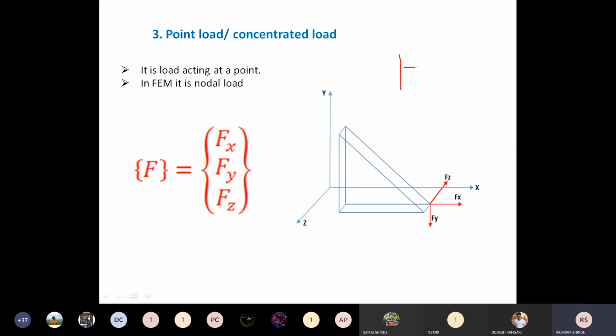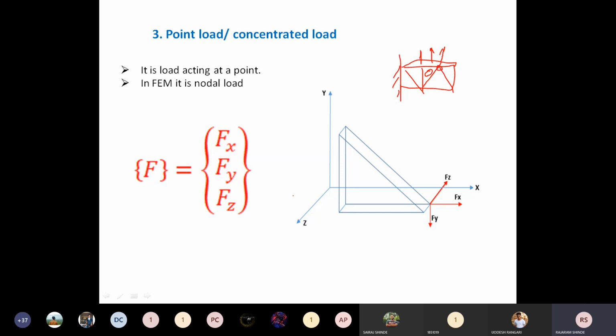If you have this type of plate, supported at this location and meshed like this, when we apply the pressure load at this location on this element, you will get the displacement of the element, and if we apply the point load at this location, you will get the nodal displacement only.